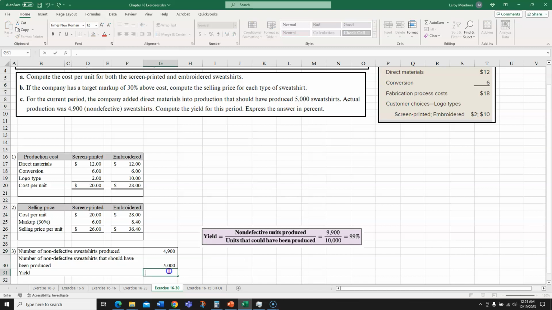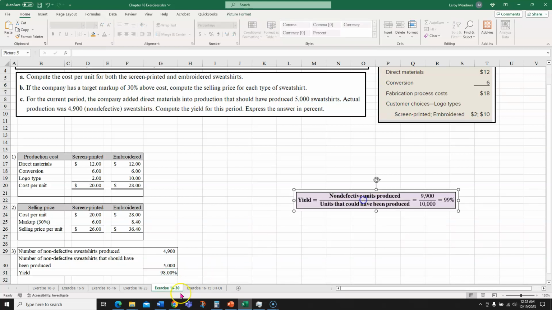I'll put 0.98 here, and then click up here to percent and transfer it to a percent. I might want to go out a decimal point or two in case that's not a round number. So my yield is 98%. We're told to express the answer in percent, and this is a percent, 98%. So we were efficient with our materials.